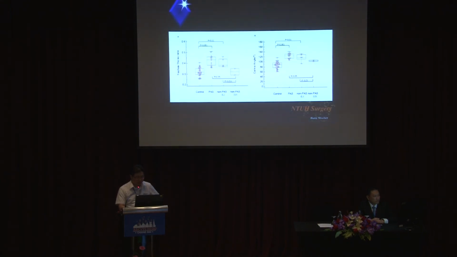We show the slide by the trachea length. We can see that in the normal control, the trachea to thoracic ratio is about 33.2%. The patients with pulmonary artery sling have a significantly longer trachea.